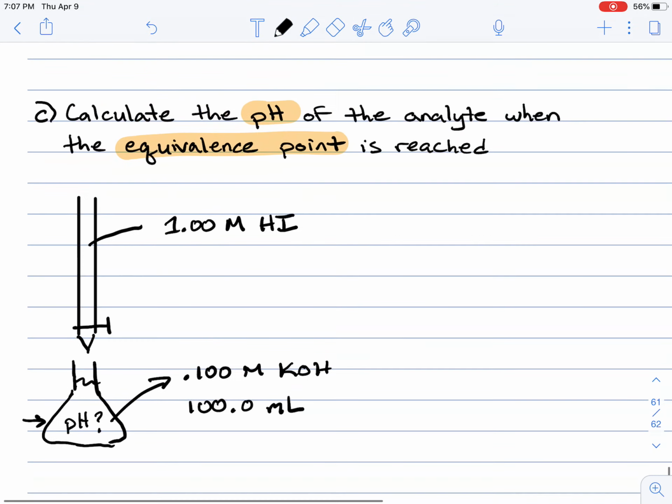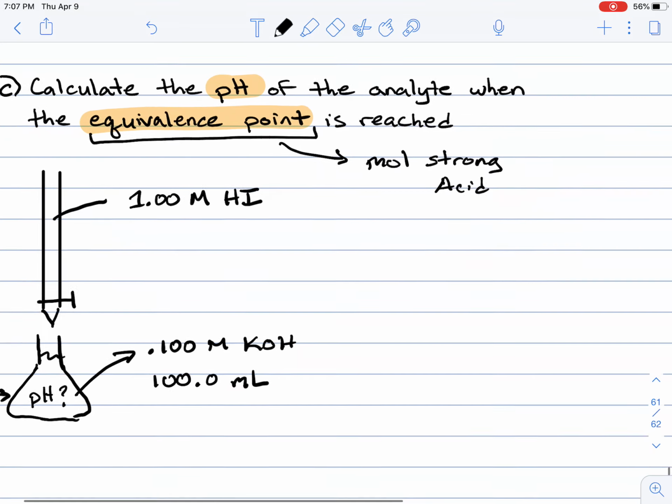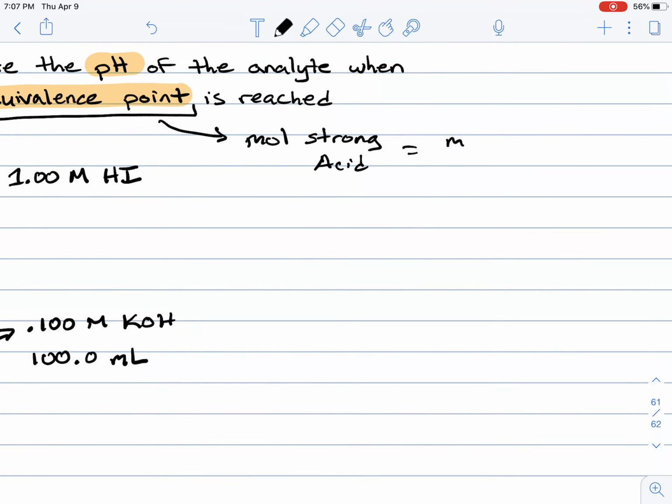Okay. So once again, when you've reached the equivalence point, that means that the number of moles of strong acid is equal to the moles of strong base.